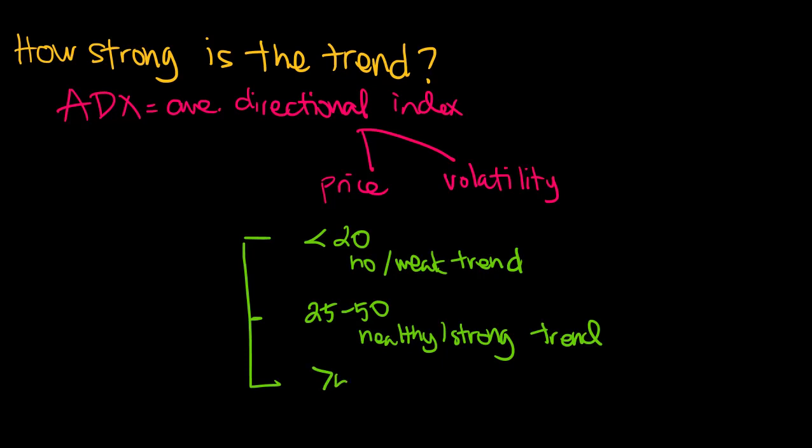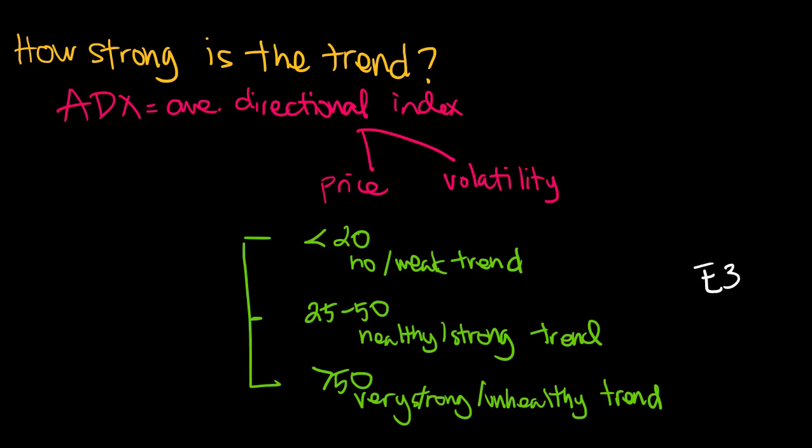And above 50, the trend is very strong, which usually means unhealthy or exhausting and is bound to correct. In relation to our Elliott wave approach, we want to check for a smaller E3 pullback that has already formed a 20 to 50 ADX.